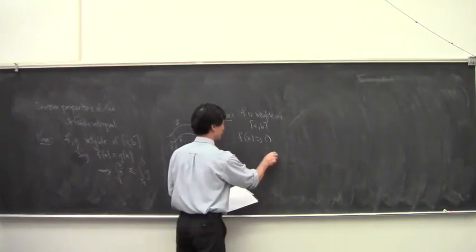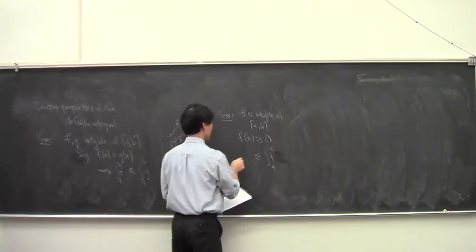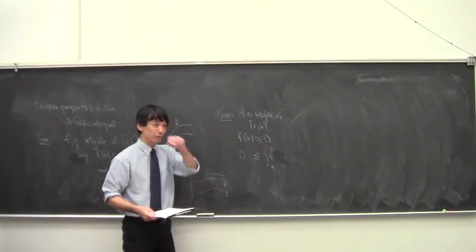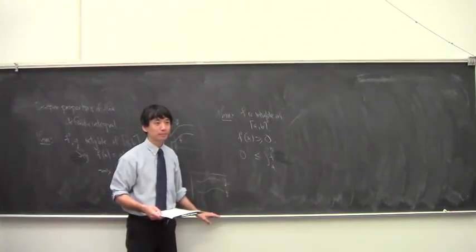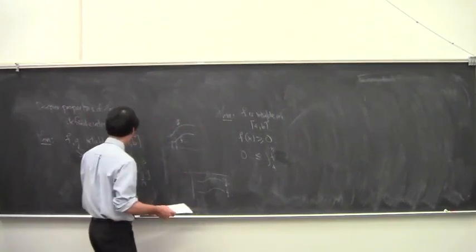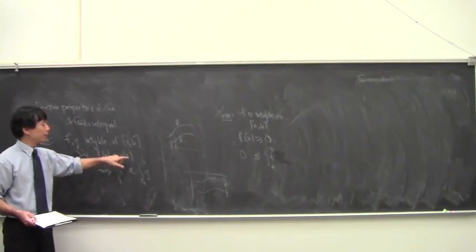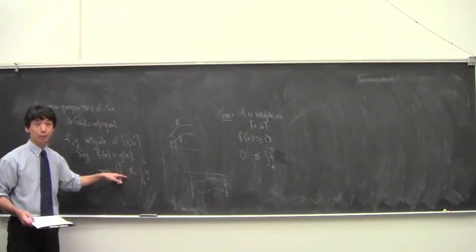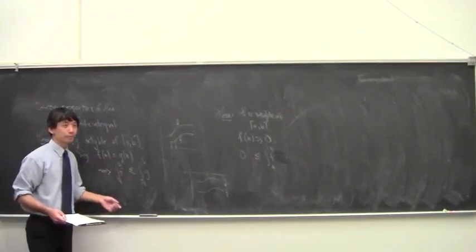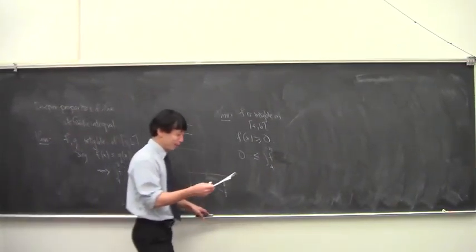So then you know that the integral of f from a to b has to be bigger than or equal to 0. In fact, that's sort of subsumed in the previous thing, because you could say, if my function is bigger than the 0 function, then the integral of my function is bigger than the integral of the 0 function, which is 0.